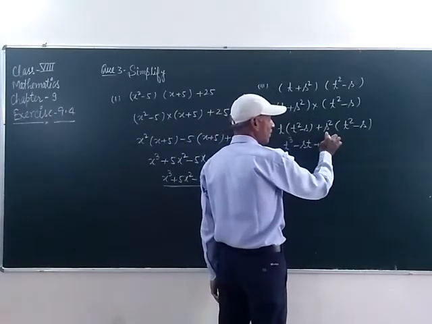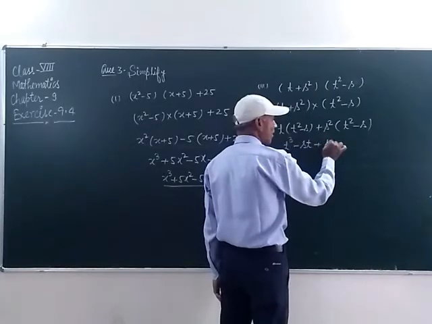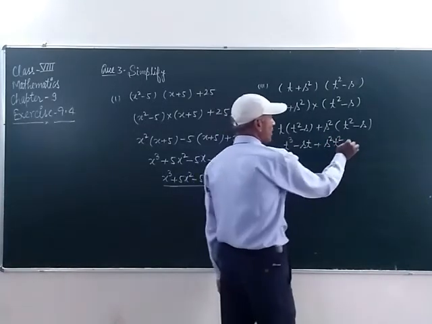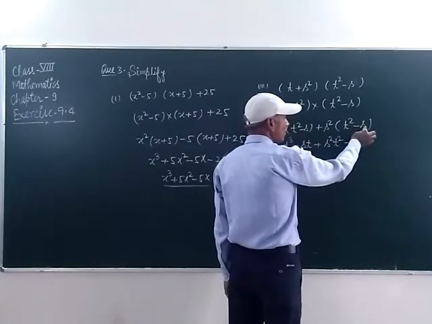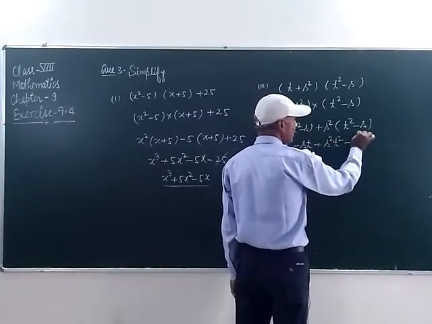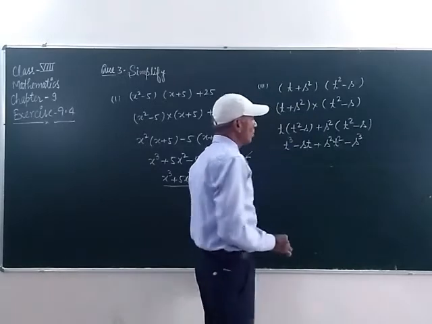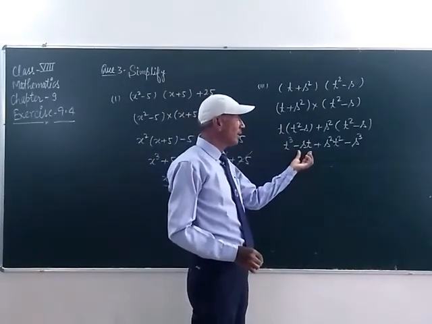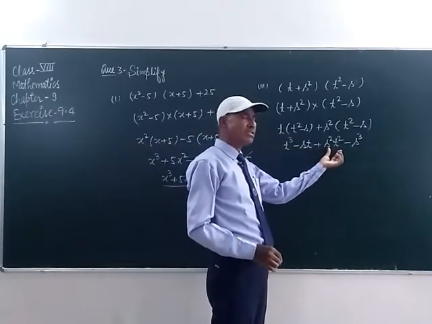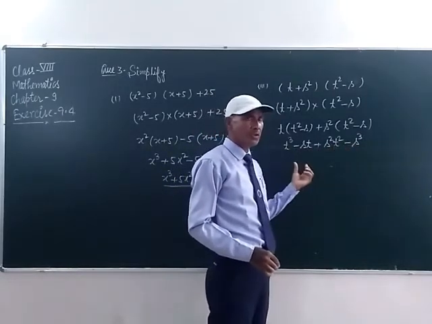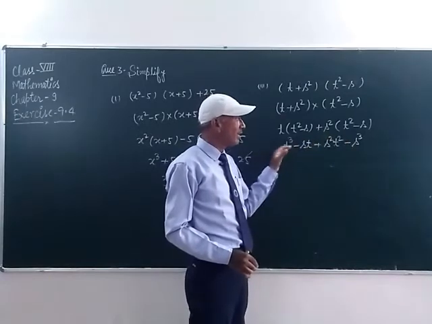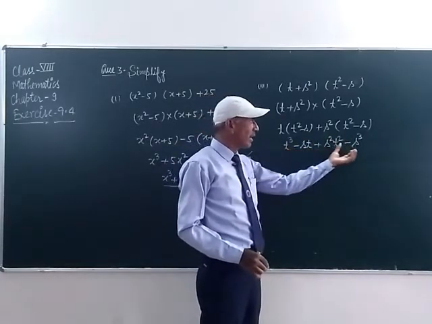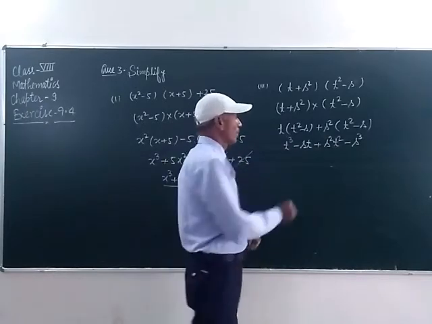After multiplying, it will be s²t² minus s² into s, it will be s³. So the answer of this question is t³ − st + s²t² − s³. There are no like terms, student, in this expression. So this one is the answer of the question.